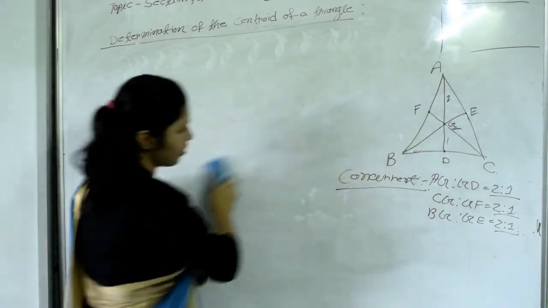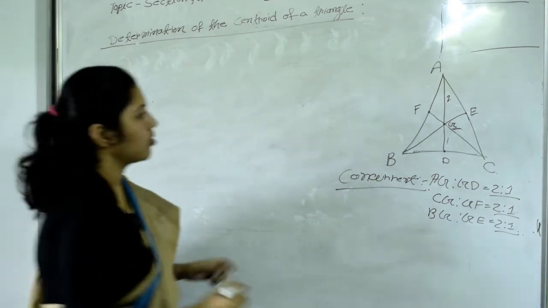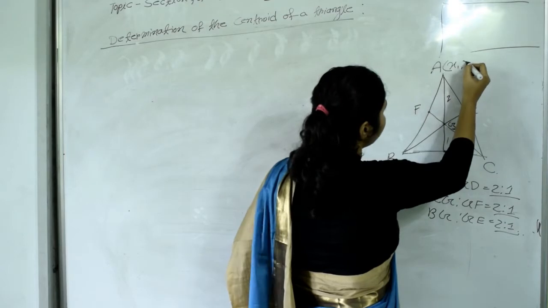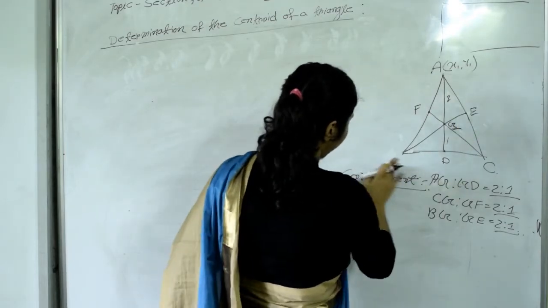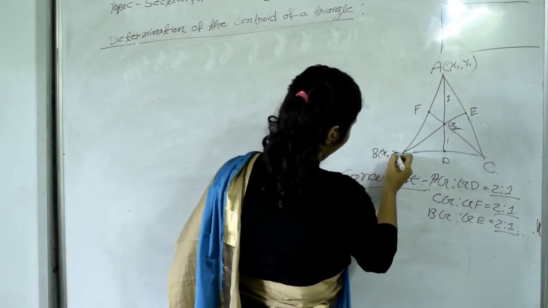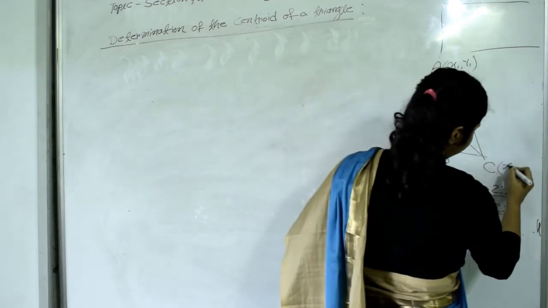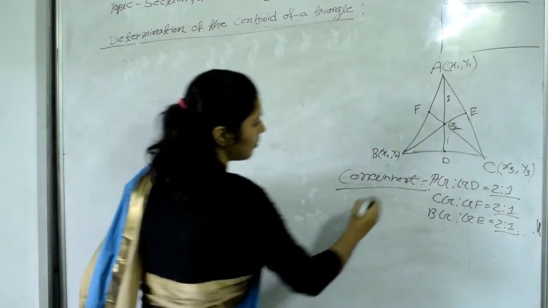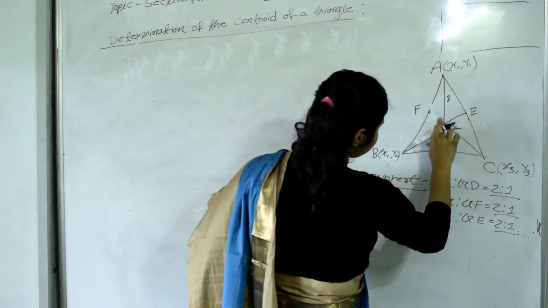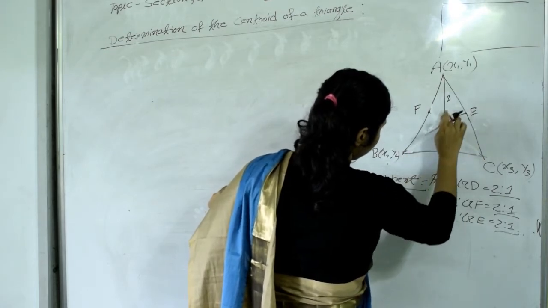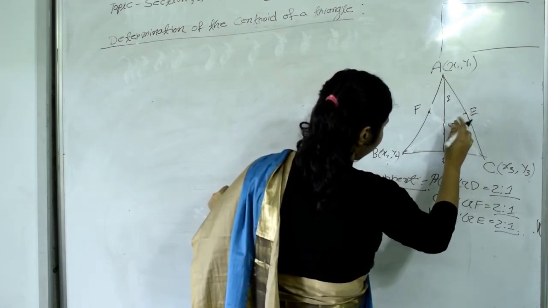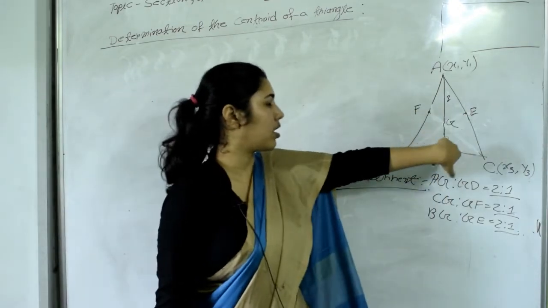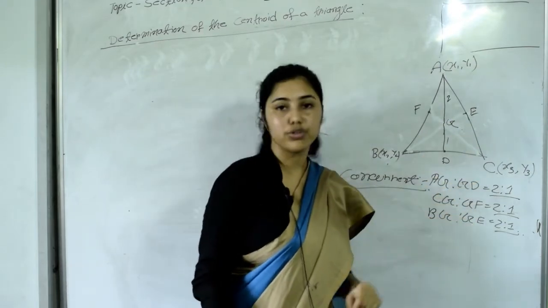Now suppose the coordinate of the point A is x1, y1, coordinate of the point B is x2, y2, and the coordinate of the point C is x3, y3. We will prove that this point G divides all the medians at a ratio 2:1.